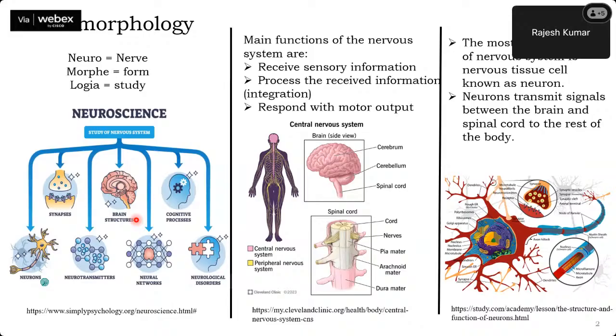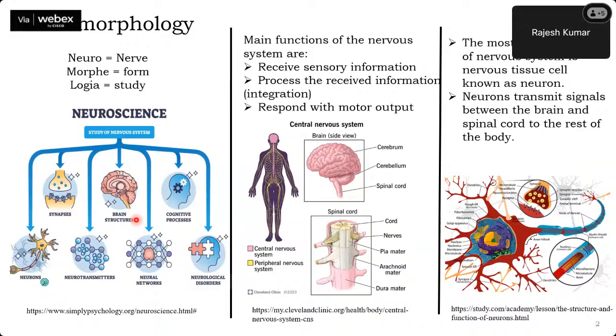We know that we have a nervous system categorized into two main parts, that is CNS, the central nervous system, and the peripheral nervous system. Both these nervous systems have different jobs, but the main function of the system is that it collects the sensory information, does some kind of integration, and then sends it to a certain processing domain, where the response is taken back to the motor outputs.